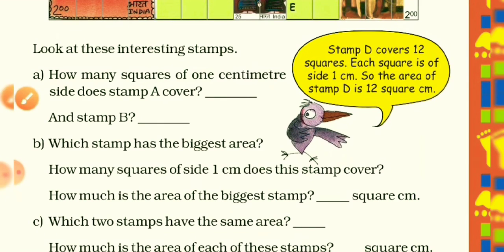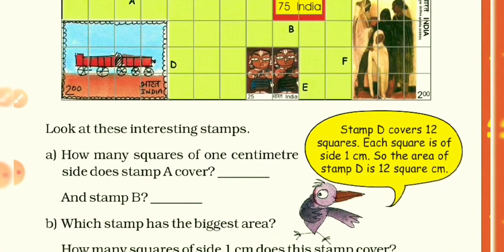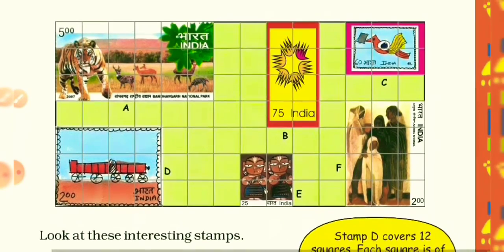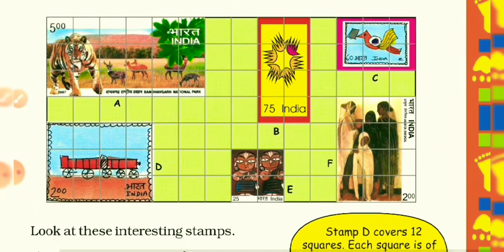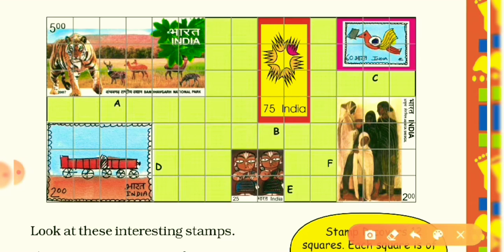How many squares of 1 centimeter side does stamp A cover, and stamp B? Now we have to find the number of squares of stamp A and B. Come to stamp A first. Here you can see that many square boxes are here.